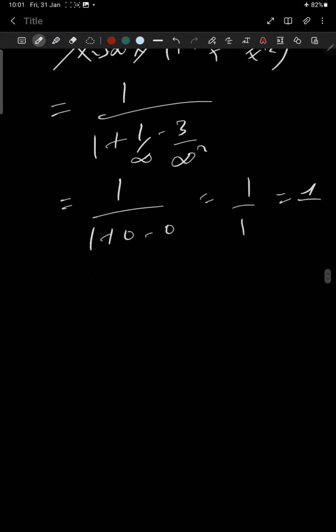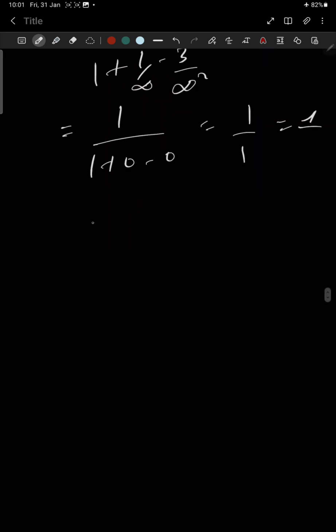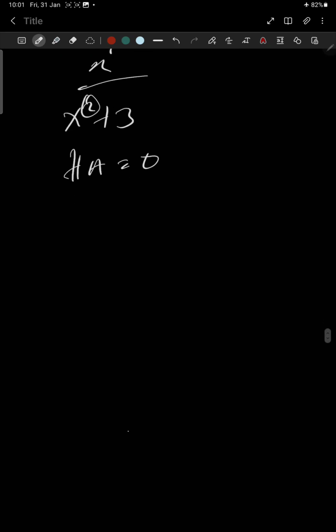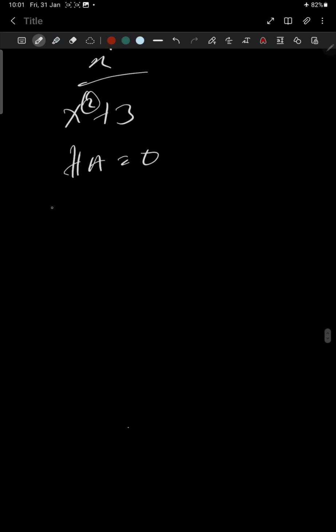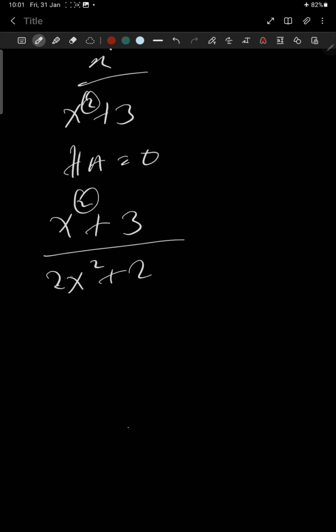Now guys, when the denominator has a greater power of x than the numerator, the horizontal asymptote is always 0, but you have to prove it the way I've been proving. And if the denominator and the numerator have the same powers of x, then for the horizontal asymptote you just divide the coefficients of the greater powers.